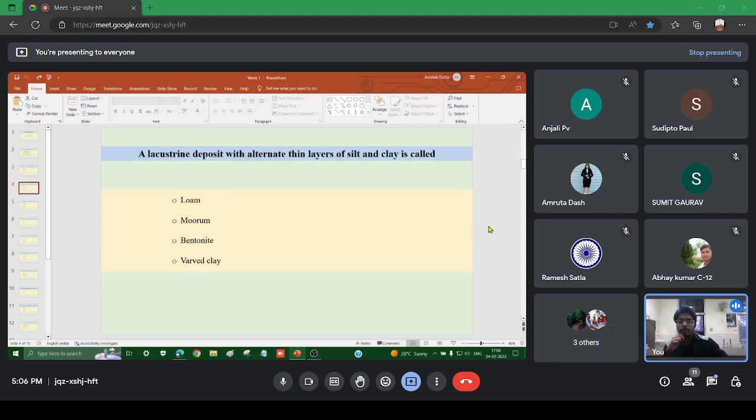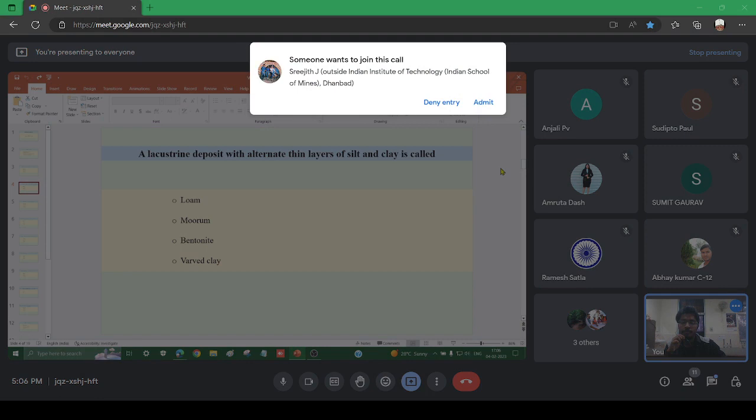A lacustrine deposit with alternate thin layers of silt and clay is called. Please write this question very carefully. The options are A, loam, B, muram, C, bentonite, and option 4 is warped clay.